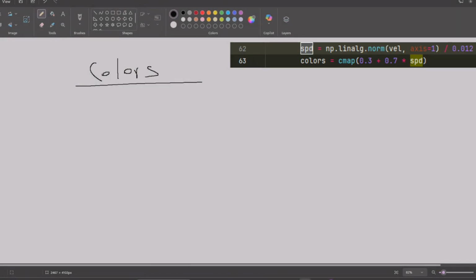So the particle colors are speed mapped using Euclidean norms, basically Pythagoras in vector form. If you don't know, that speed is simply equal to the vector magnitude, which is the square root of a squared plus b squared. Simply just that. So we just have to normalize that against the maximum speed of 0.012.